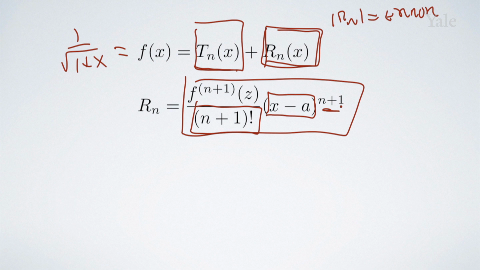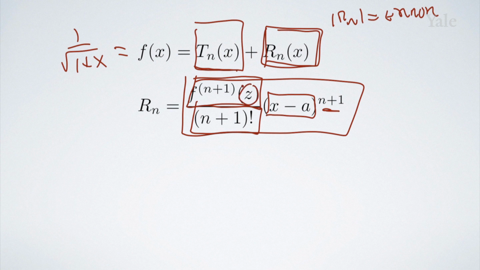And the third thing that we see is that these derivatives, the n plus first derivative here, is our measure of the bendiness of the function. Lots of bends means high derivatives of some sort, which means bigger errors. Now this is a beautiful theoretical result. The problem is we've evaluated this derivative here at z.